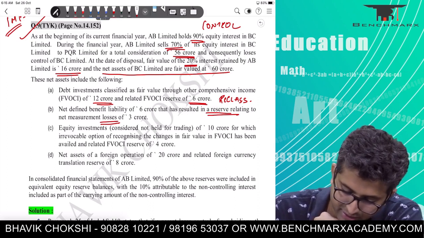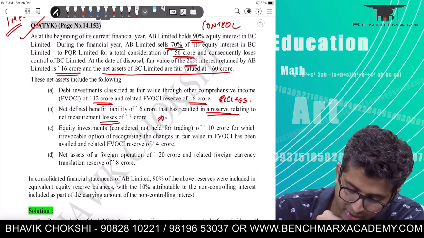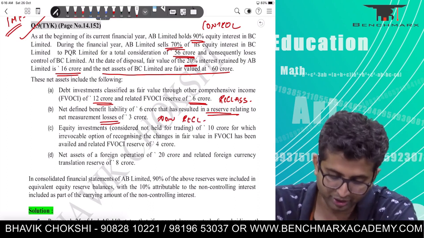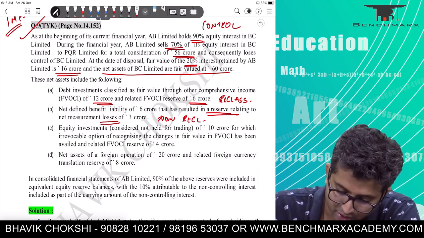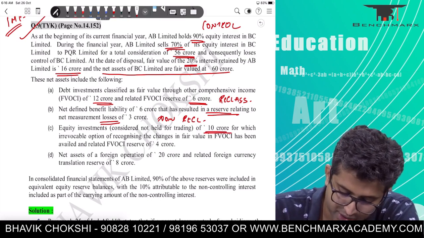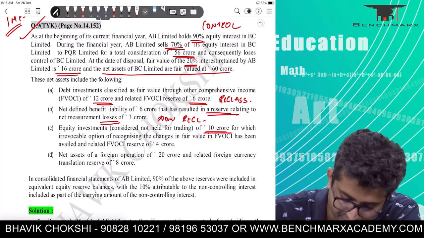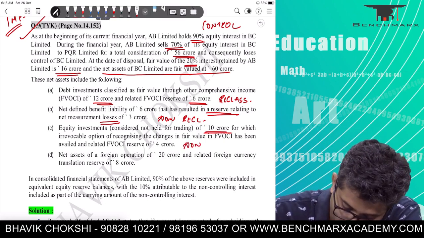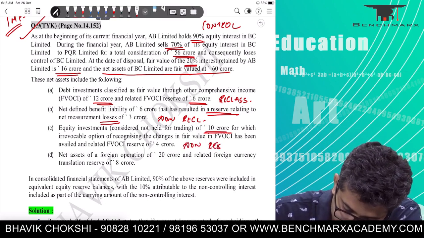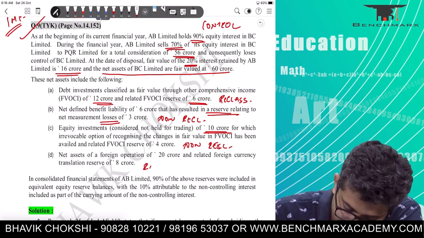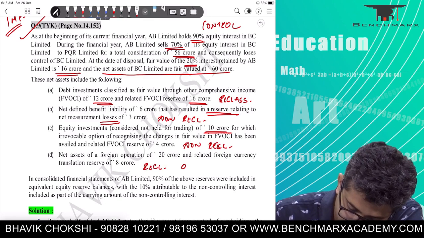So it will be a debit balance. This is, remember, a non-reclassifiable OCI. Equity investments considered not held for trading of 10 crores, for which an irrevocable option of recognizing the changes in FVOCI has been availed. This is also a non-reclassifiable OCI. And net assets of a foreign operation relating to foreign currency translation reserve, this is a reclassifiable OCI.